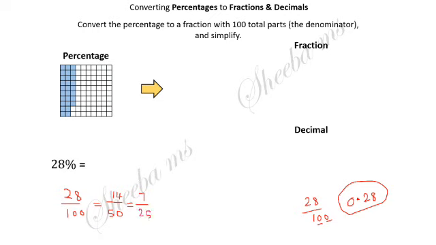So 7 by 25. We can simplify 28 by 100 into 7 by 25. So the fraction form of 28% we can say is 7 by 25. These all are 28%: 28 by 100, 14 by 50, and 7 by 25 also mean 28%.